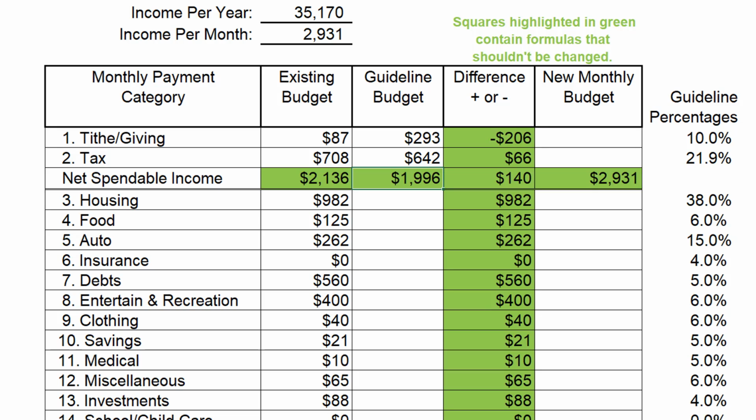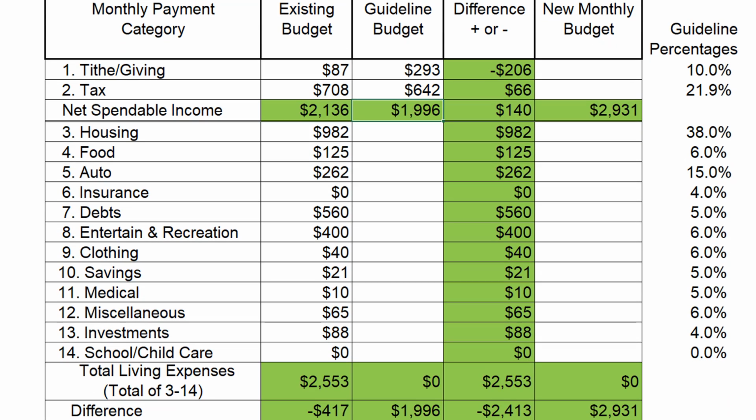This money is allocated to all of the categories below it. As you will see, the percentages used in the rest of the column are applied to the net spendable income, not the income per month. Highlight the workbook cell directly below the $1,996. Type in an equals sign. Highlight the $1,996. Type in an asterisk denoting multiplication.